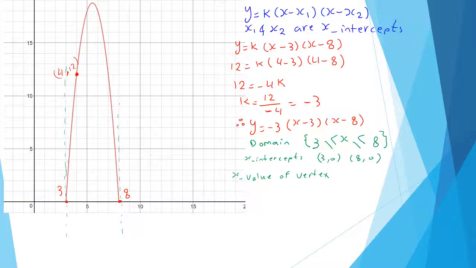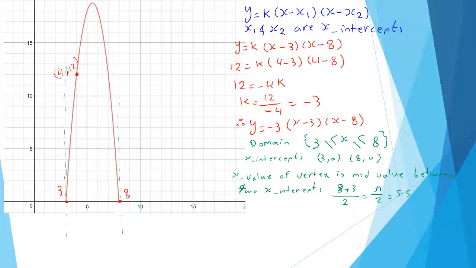So the x value of the vertex is the mid value between the two x-intercepts, which in this case are 8 and 3. So 8 plus 3 divided by 2, so it's 11 divided by 2, which gives me 5.5.